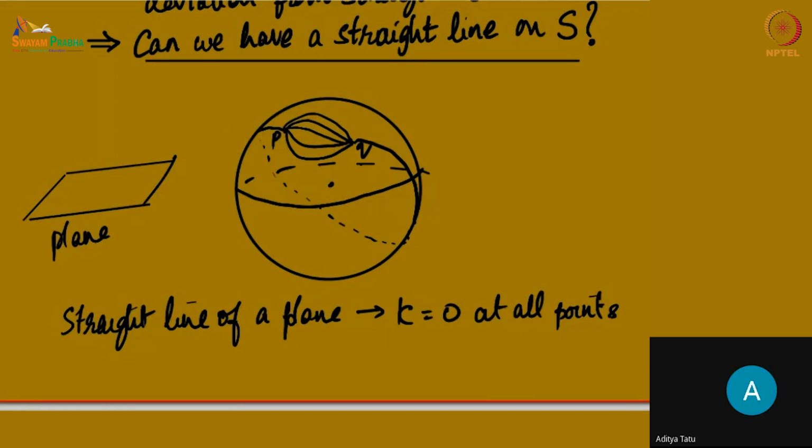So once again, let's say I take this point, say A, take a tangent to the sphere here. Then we can assume it as a plane surface, as we used to do. If we take a very infinitesimally small part, then we can assume it as a plane.